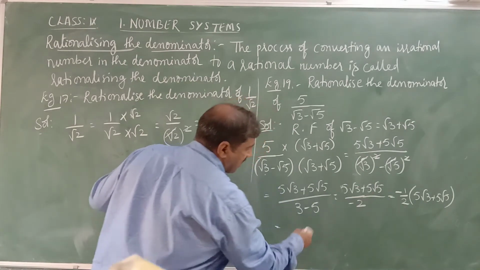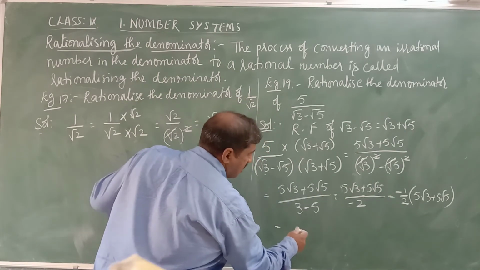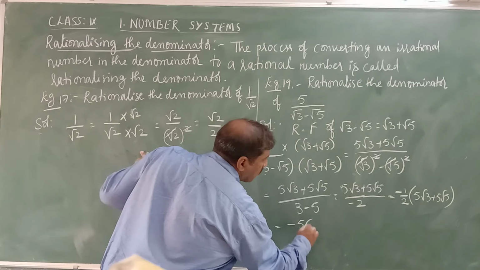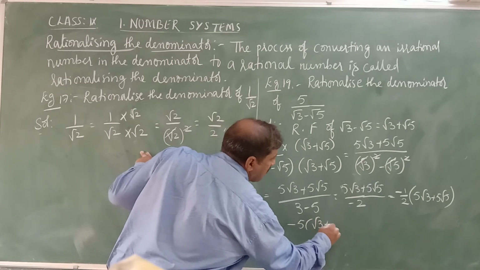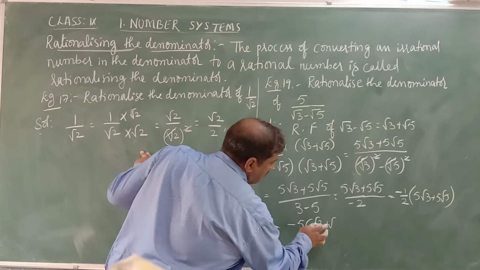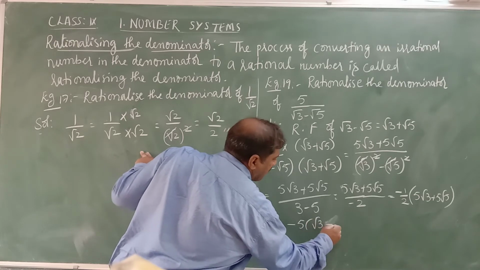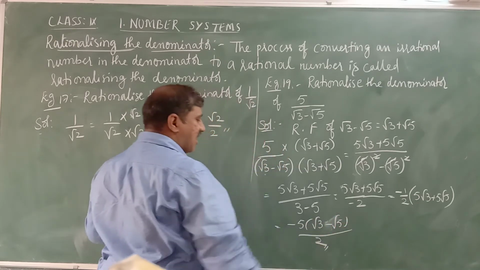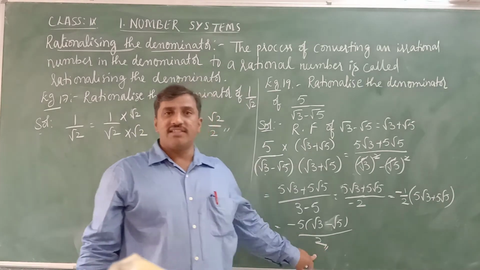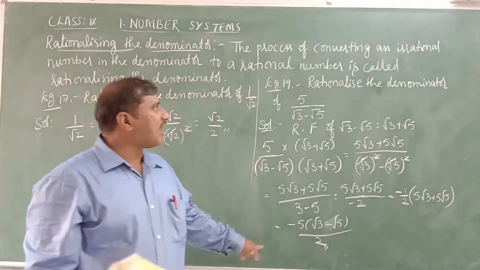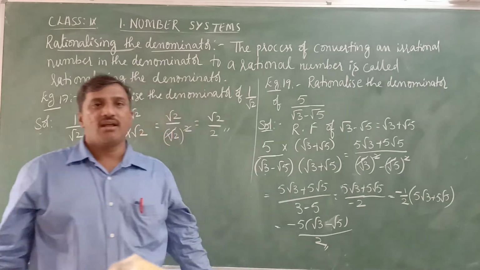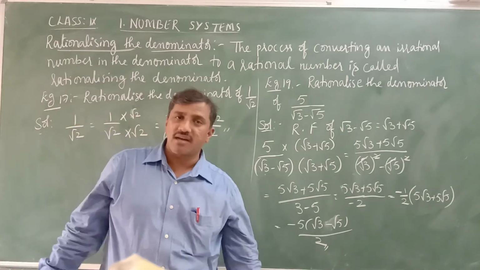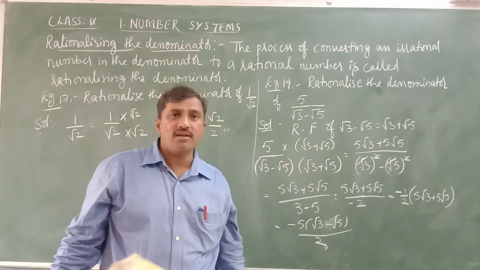Finally we get minus 5 into root 3 plus root 5 by 2. So the denominator finally is 2, which is a rational number. So we have rationalized the denominator. The denominator changed into the rational form. Is it clear, children?